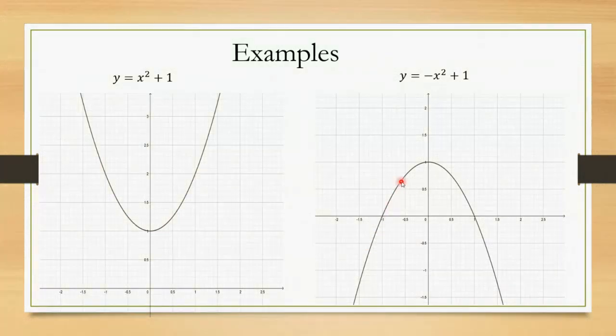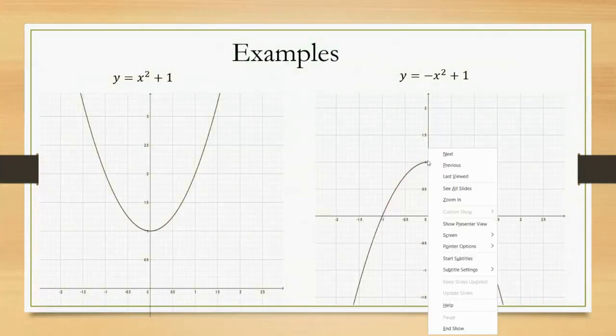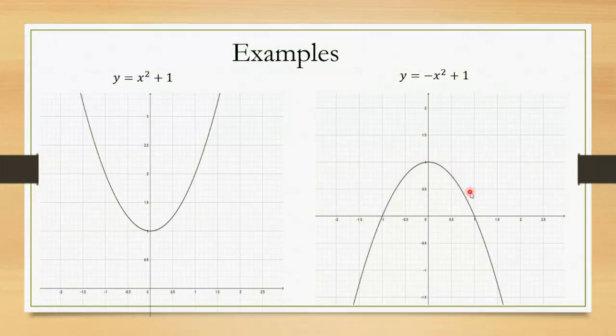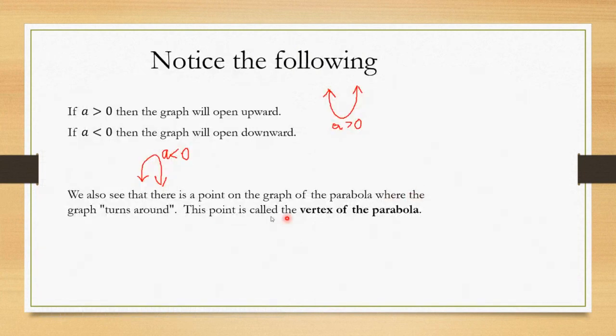You're walking along the graph, you reach the top, and then you start walking down. So here we reach a point where we change directions. Here it's the top of a hill, so to say, and here it's the bottom. That point where the graph changes direction or the graph turns around, that's called the vertex of the parabola.